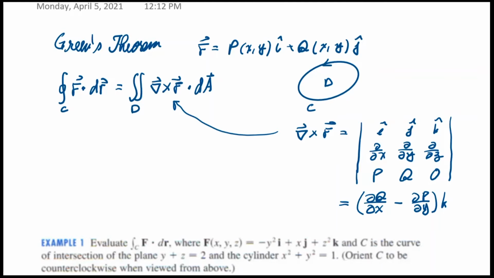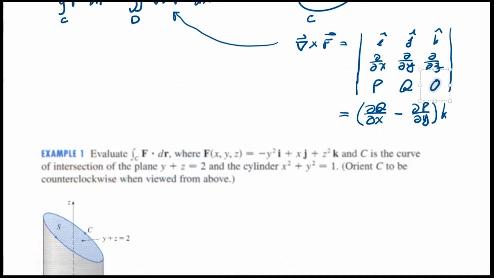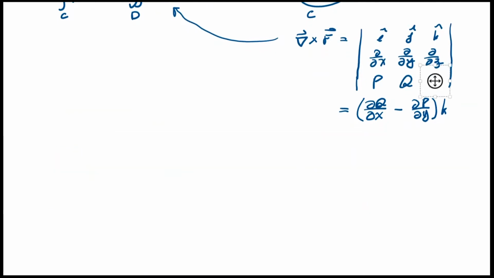And F dot dr is just our usual line integral, F dot dr. And here's the reason that I did it this way instead of the book way: I was setting you up for Stokes' Theorem. Once you're used to that, Stokes' Theorem is really nothing else but a three-dimensional extension of this.